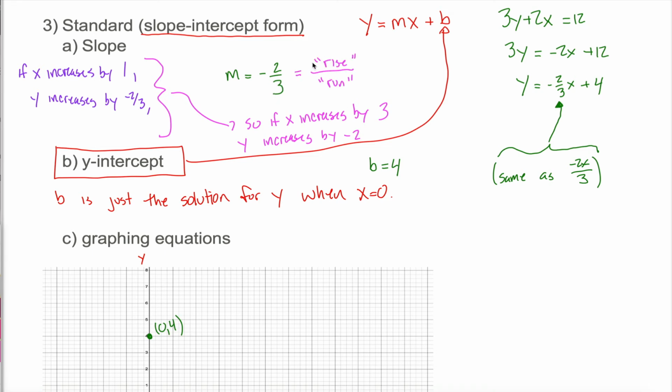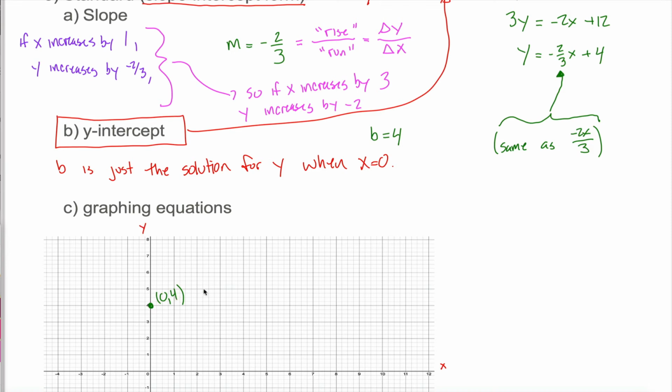A lot of books use the phrase rise over run, meaning this graph should rise, go up by negative 2, each time it runs, goes to the right by 3. I don't know, maybe that helps. Maybe a little bit more concrete is the slope always encodes the change in y divided by the change in x. If you've never seen this notation before, these triangles are the Greek letter delta, and they represent the change in math.